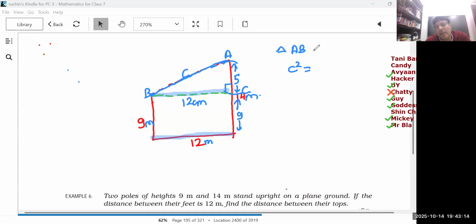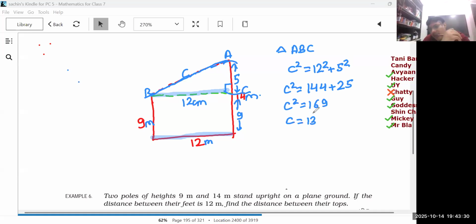C square will be equal to 12 square plus 5 square. So C square will be equal to 144 plus 25. So C square will be equal to 169. So C will be equal to 13 because 169 is the square of 13.